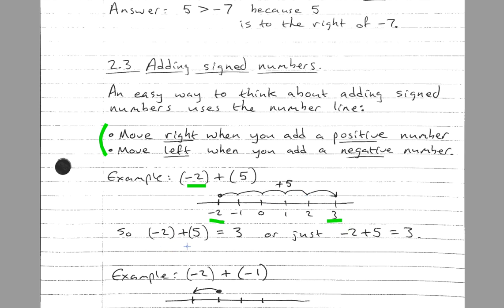So -2 plus 5 is equal to 3. I just use these parentheses to emphasize the two numbers, but we don't really need them here. This question could look like this, just -2 plus 5.